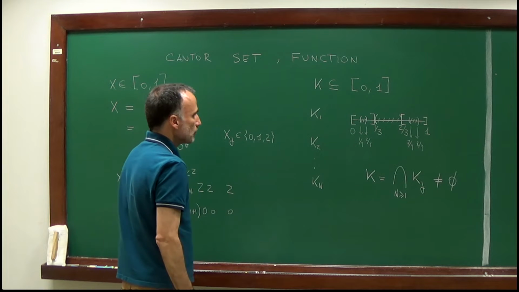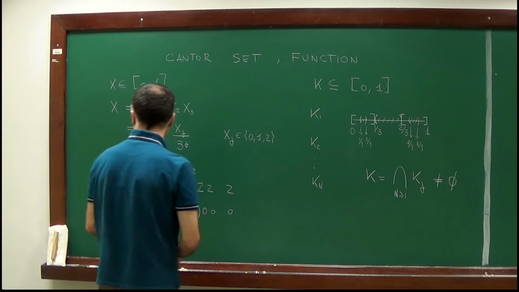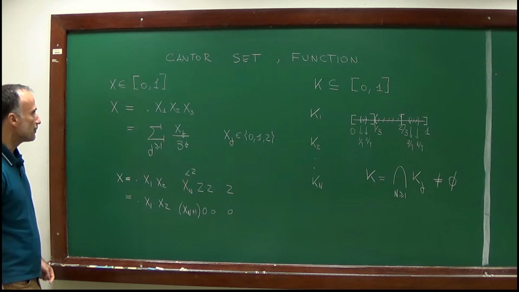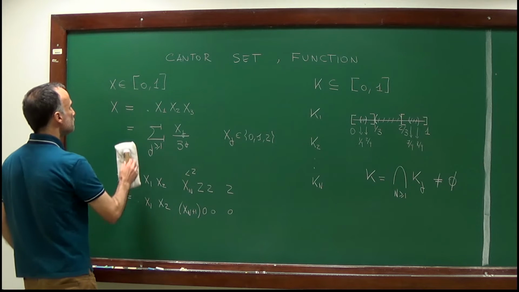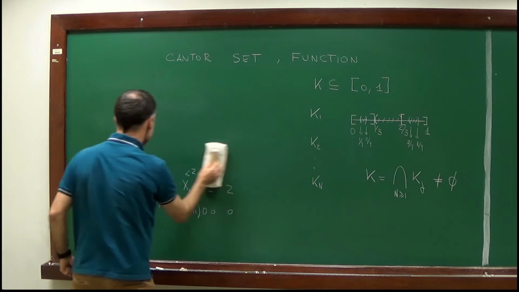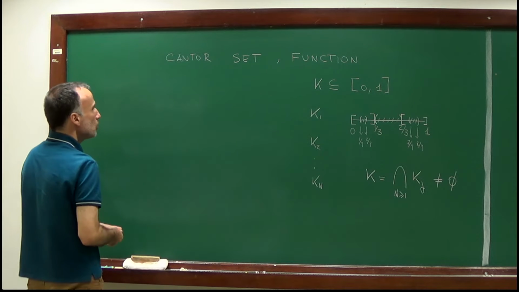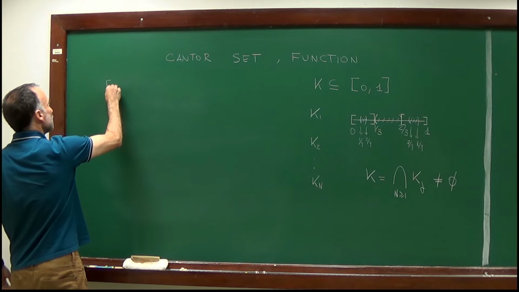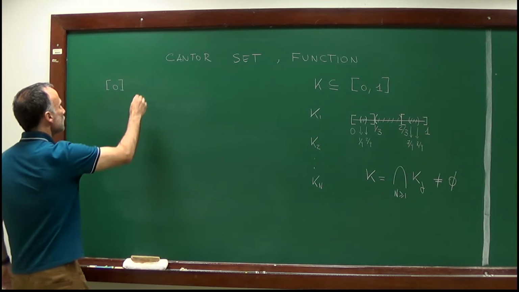Now I want to define this set K rigorously. So for that, I will use the expansion of a point x in terms of its base 3 expansion. Well, let me define K0. So that will be a subset of [0, 1].